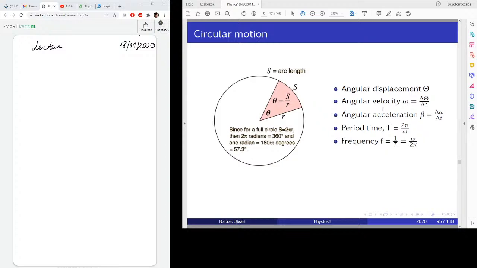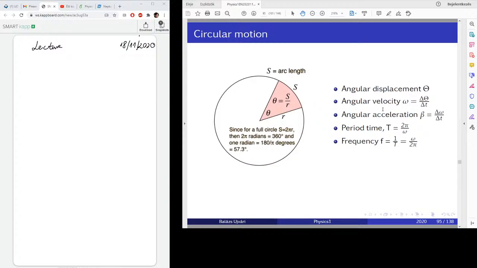Again, we can ask, what is the angular velocity of the body at t equals 0? At t equals 0, this is pi. How fast is the pi? 1 over s. Since 1 full rotation is 2 pi, pi 1 over s means, if this is constant, the body takes half a circle every second.